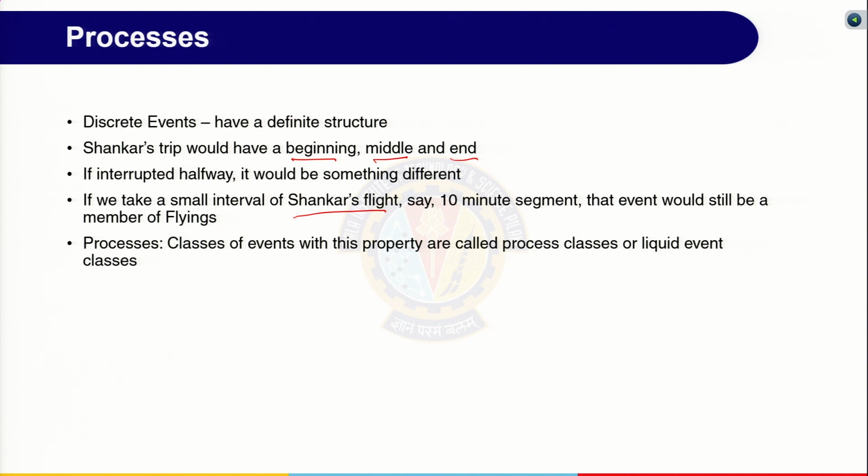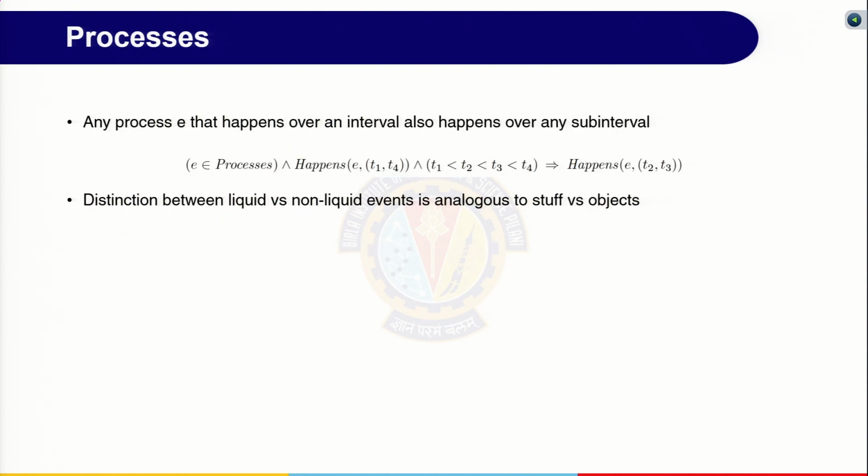For such a scenario, we have what we call processes. These are nothing but classes of events with such a property of subintervals, and these are called process classes or liquid event classes. So any process E that happens over an interval also happens over a subinterval.